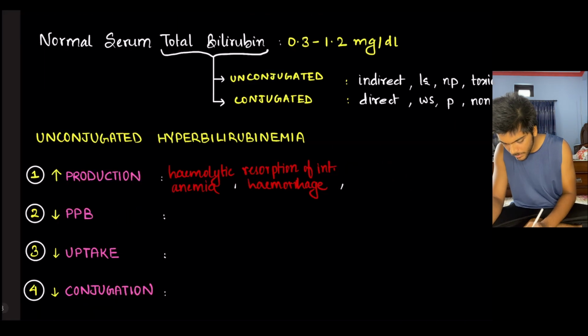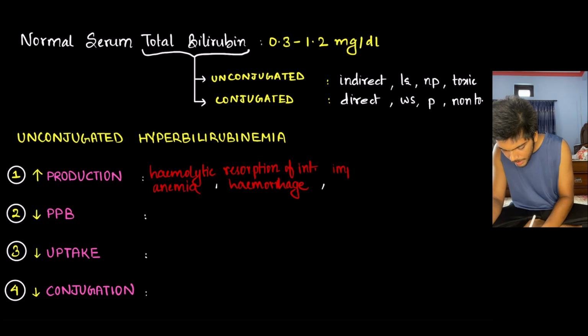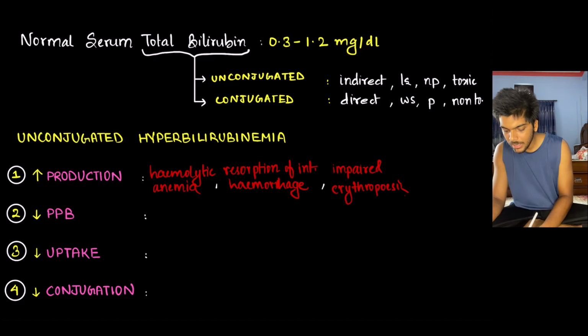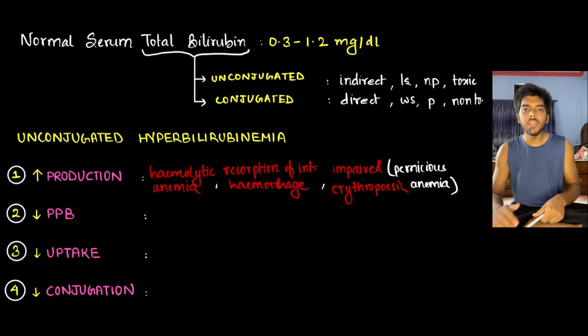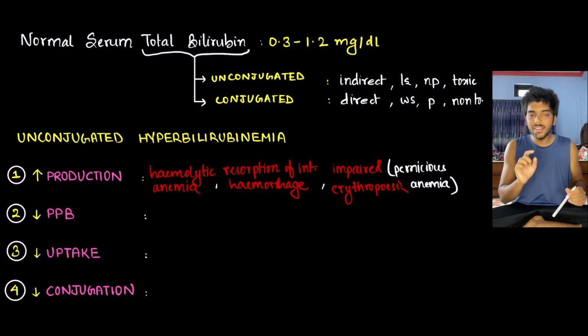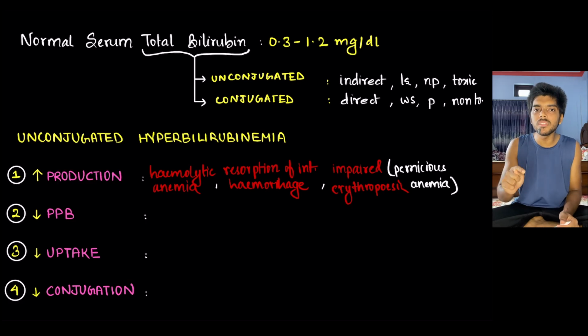Third, impaired erythropoiesis, or defect in erythropoiesis. Let's take an example of pernicious anemia. What happens in pernicious anemia? There is increase in the rate of production of erythrocytes in the red bone marrow, or accelerated erythropoiesis.